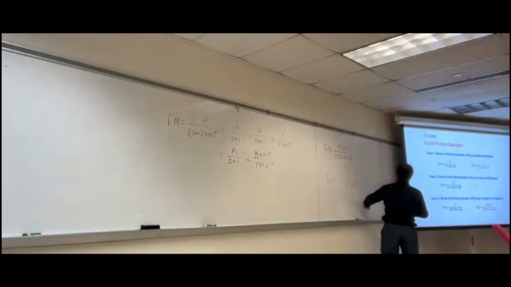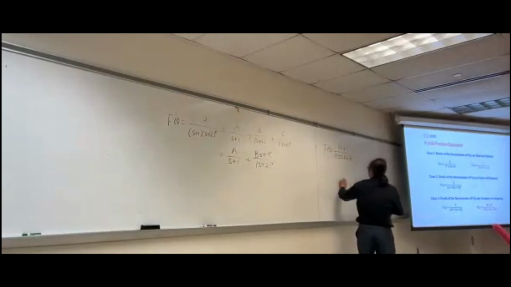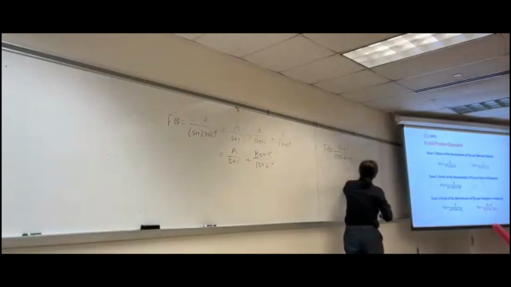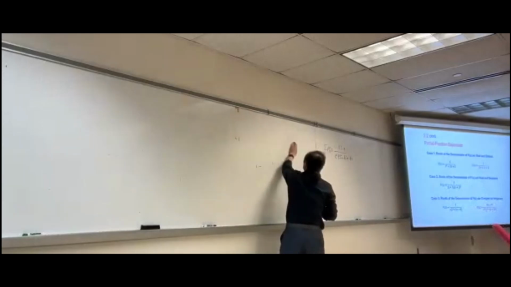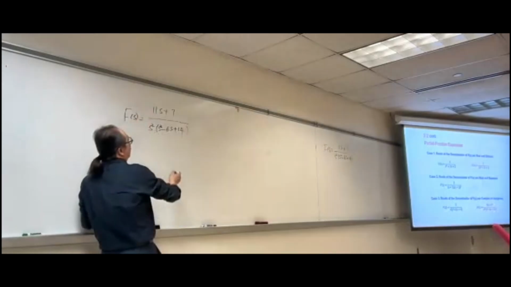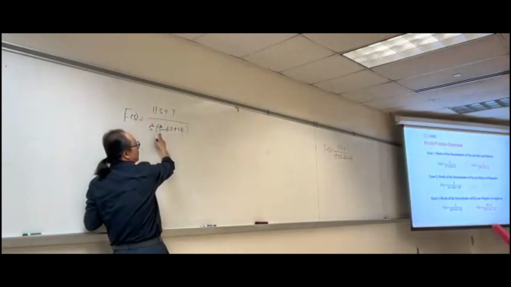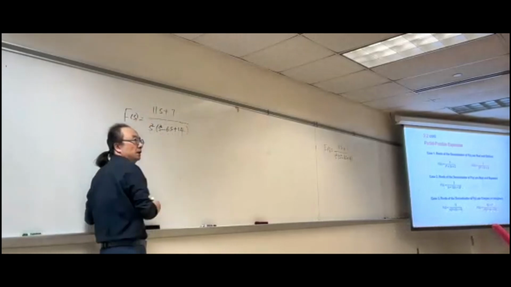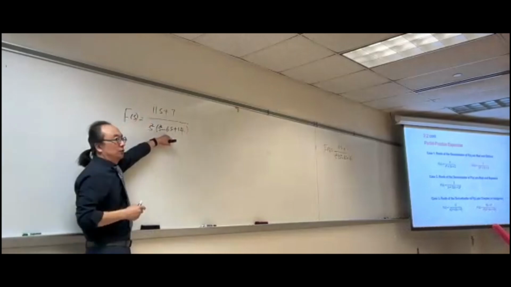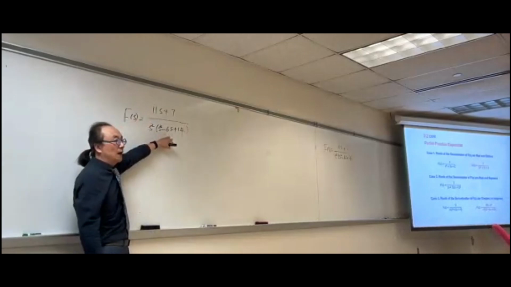So instead of doing all of case 1 and 2, I'm going to do this one. It has everything. So let's do that. Copy that down. And if you're trying to find the roots for the denominator, s squared minus 6s plus 14, your calculator says no roots, gives you an error. Why?